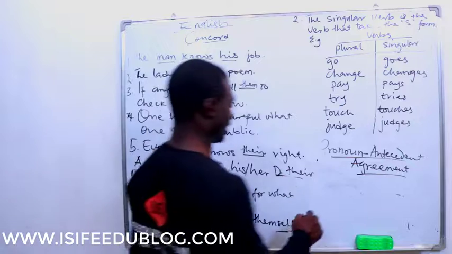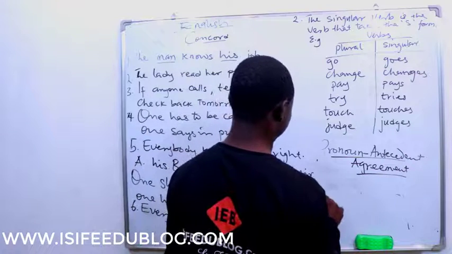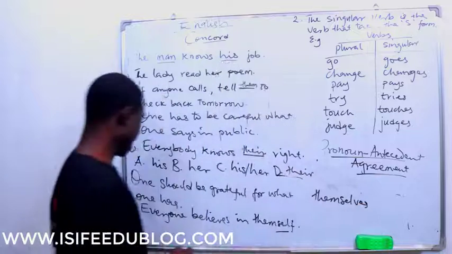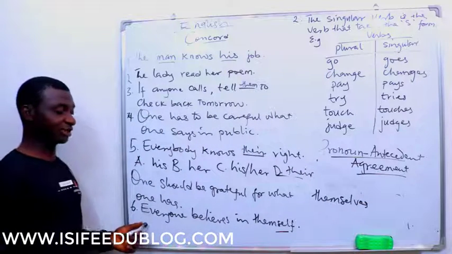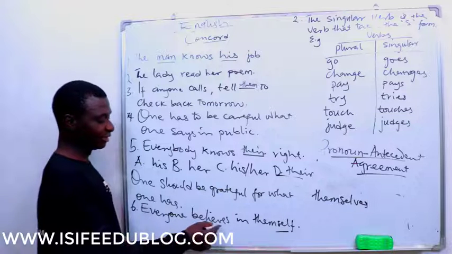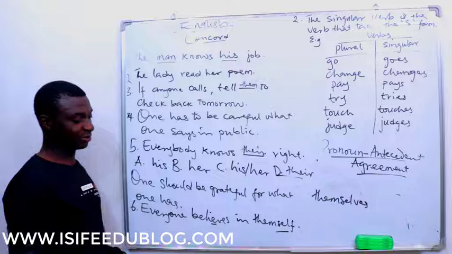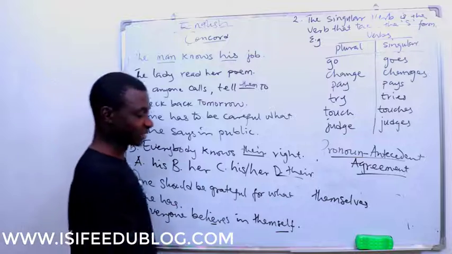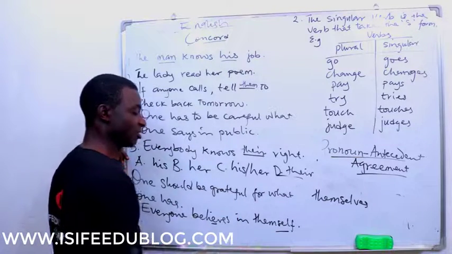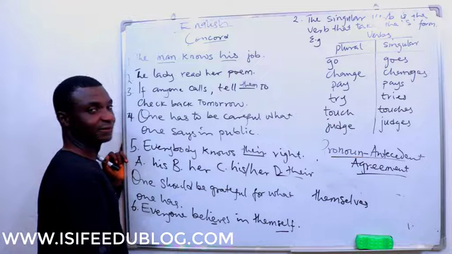Yes, what you may have been used to is themselves. But here we have everyone, a singular pronoun. We have believes, a singular verb. And we have themselves. Themselves is used to say that it could be a man or a woman.